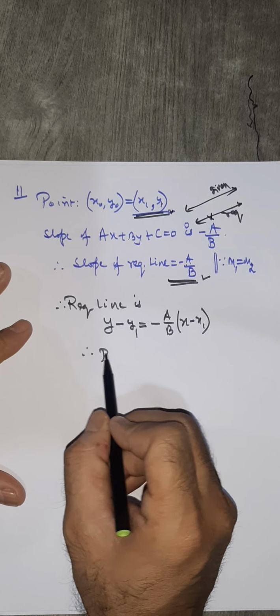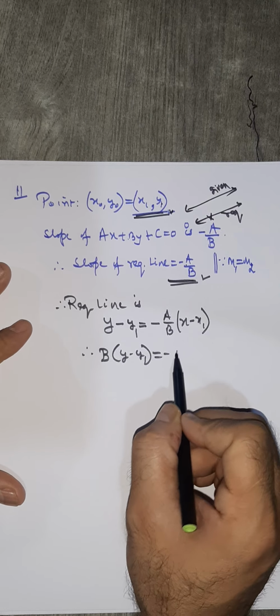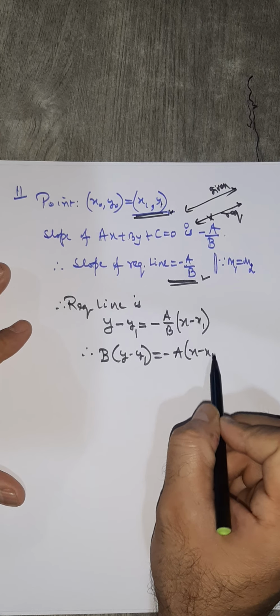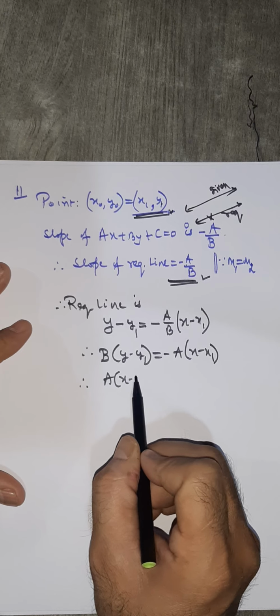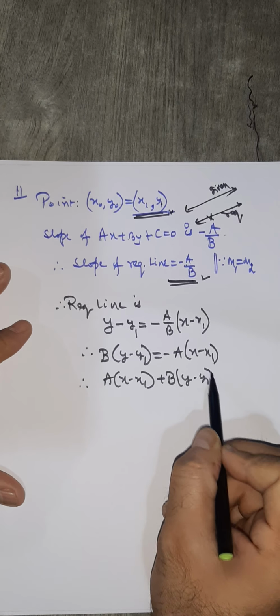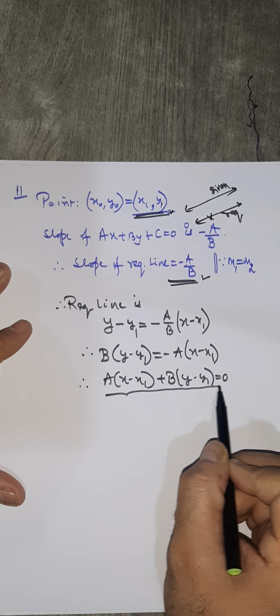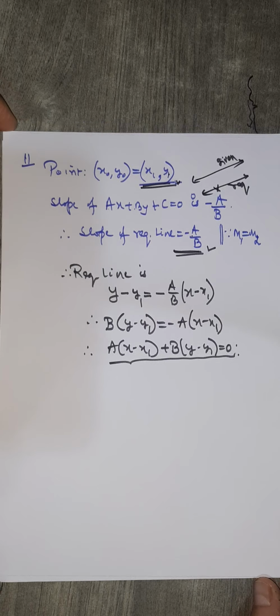Just simplify here. So b into y minus y1 equals minus a into x minus x1. So that's just your required equation. If I rewrite it in equals 0 form, that is the required equation of the line. Fine. You have simply used the point slope form.